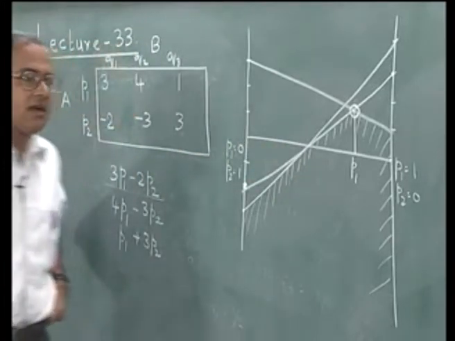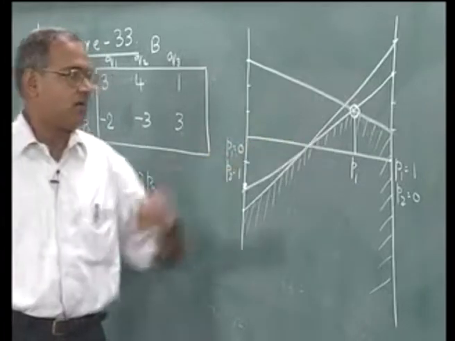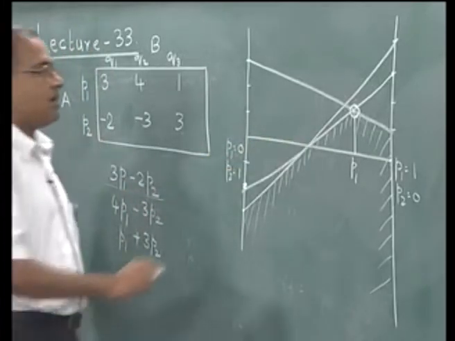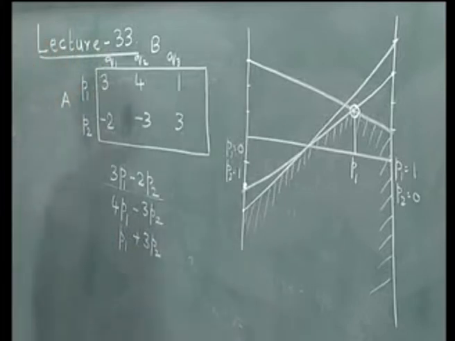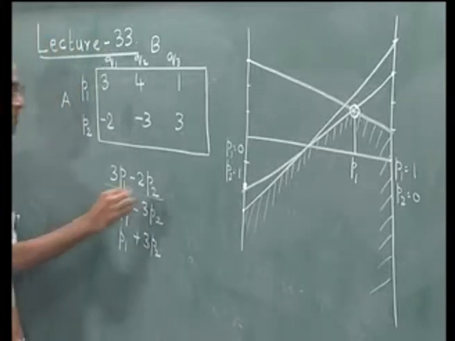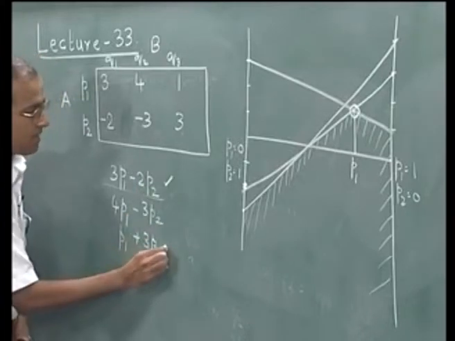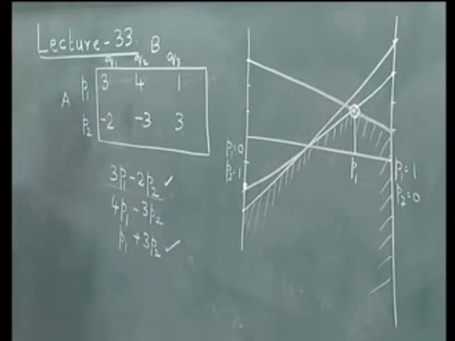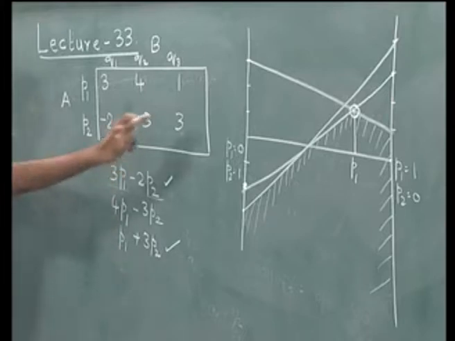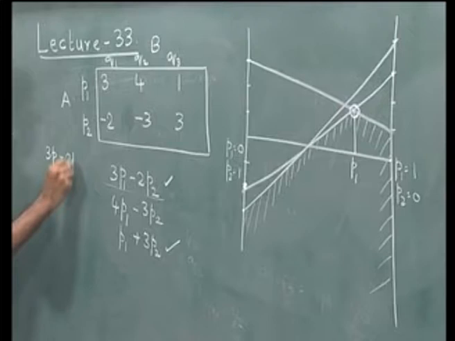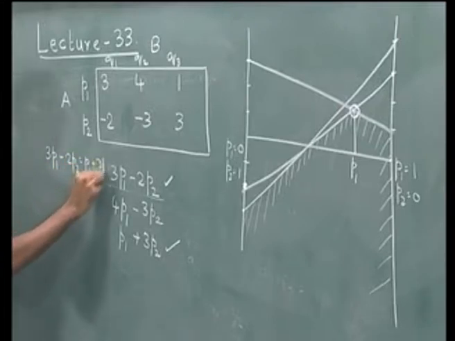So, the easier way of finding P1 is to solve two equations, 3 P1 minus 2 P2 and P1 plus 3 P2, to get the value of P1. So, 3 P1 minus 2 P2 is equal to P1 plus 3 P2.